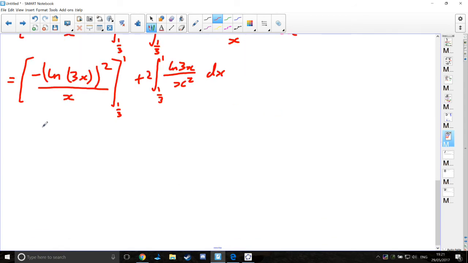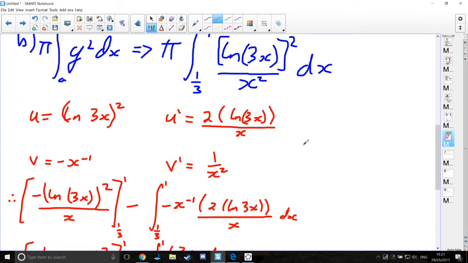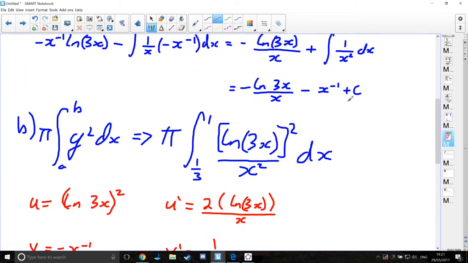So we have minus ln 3x, and I should have copy-pasted this again. I don't know why I didn't. All squared over x between 1 and a third plus 2 lots of the thing we got from our last answer, which I am indeed going to copy-paste.